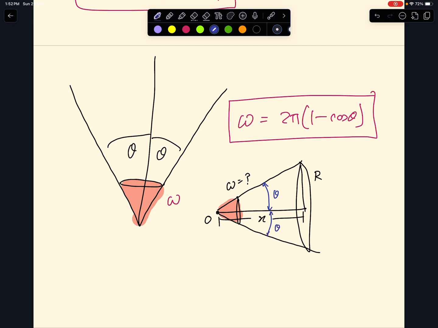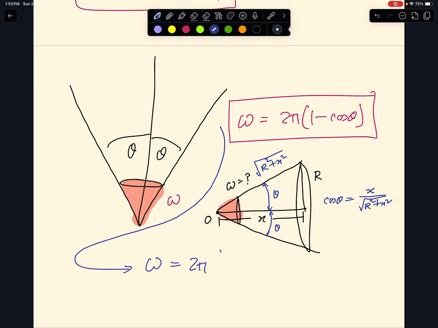So you know what cos theta is equal to? Cos theta, as you know, this part is root over of r square plus x square. So cos theta is x by root over of r square plus x square. Now we will use this formula. So the solid angle omega is 2 pi into 1 minus cos theta, that is, 1 minus x by root over of r square plus x square.